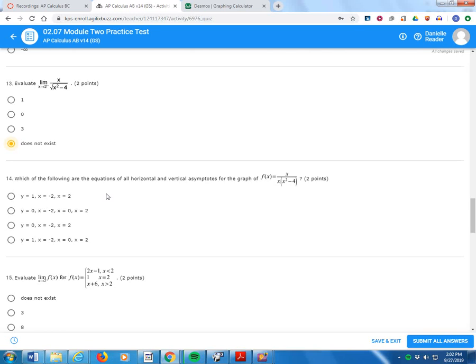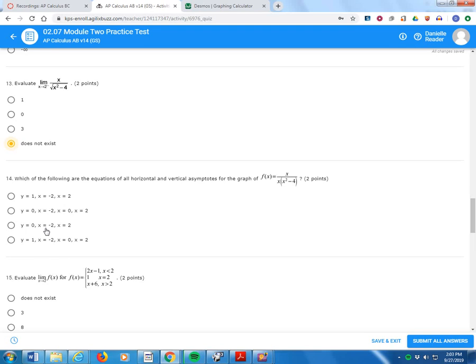Well, x is a hole, so that's not an asymptote. 1 over x squared minus 4, so I'm going to have plus or minus 2 as my vertical asymptotes. X equals 2, x equals negative 2.